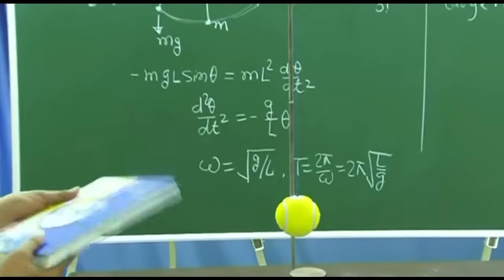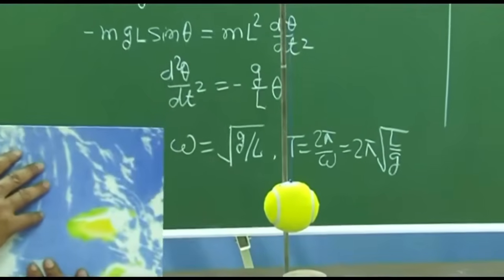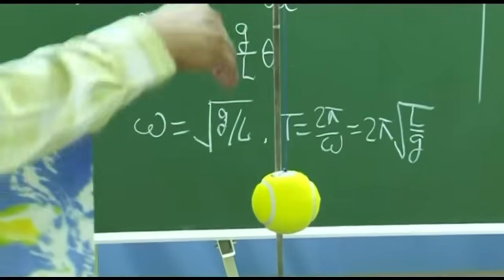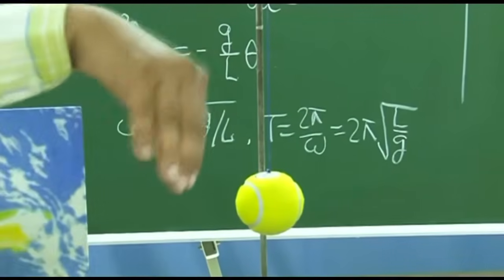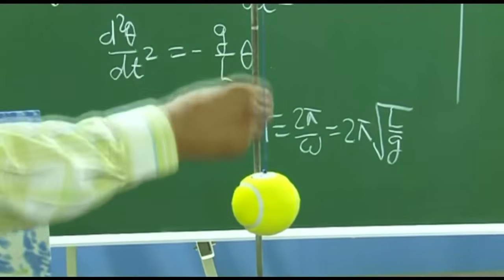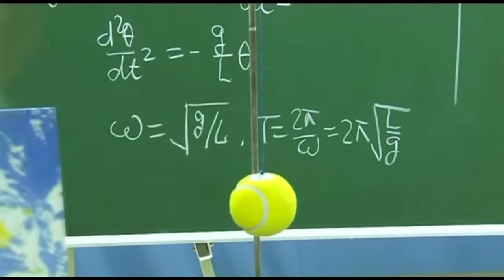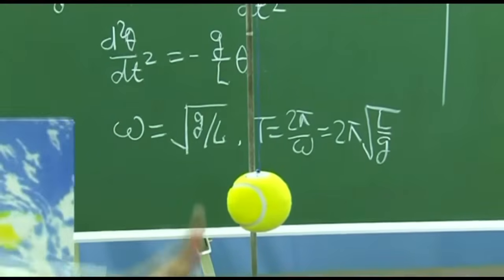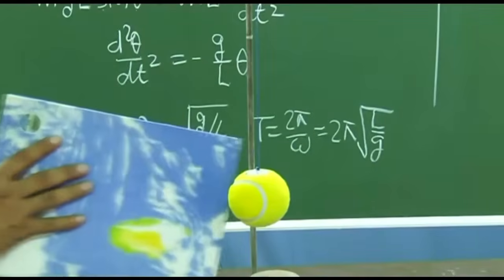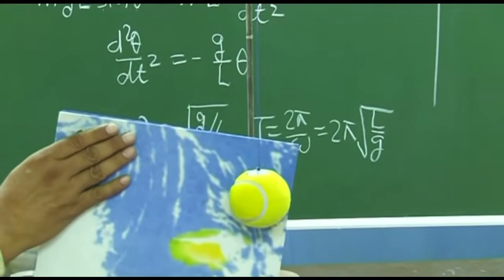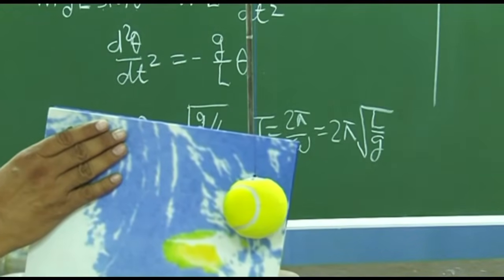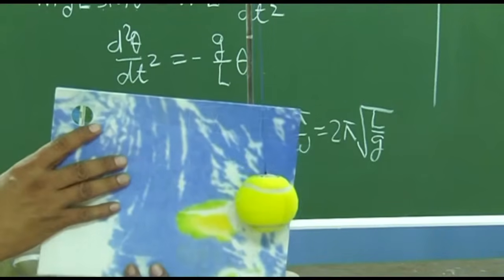So, first is when I am displacing it parallel to this plane made by this rod here, this is stand, and this thread in equilibrium position. So, this is the reference plane, you can say, and in this plane itself I am displacing it and I will release it.